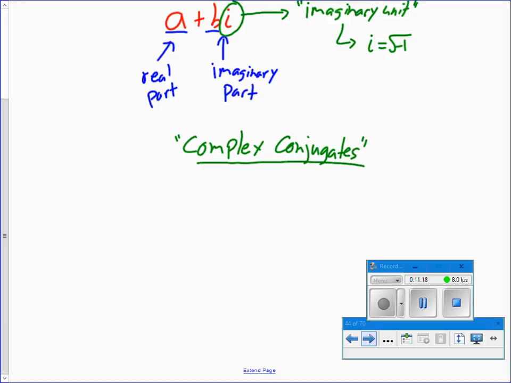These conjugate pairs are formed by the plus and minus sign in the quadratic formula. So the idea is if a plus bi is one complex number, the complex conjugate would be a minus bi. So they have the same real part, but the opposite imaginary part.